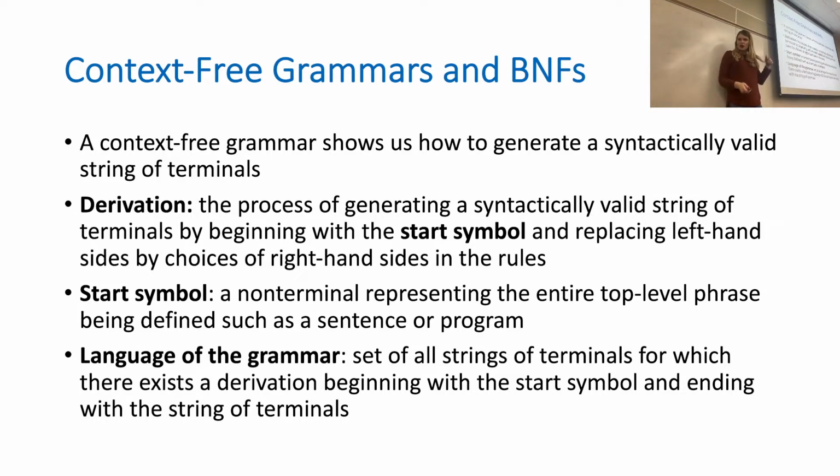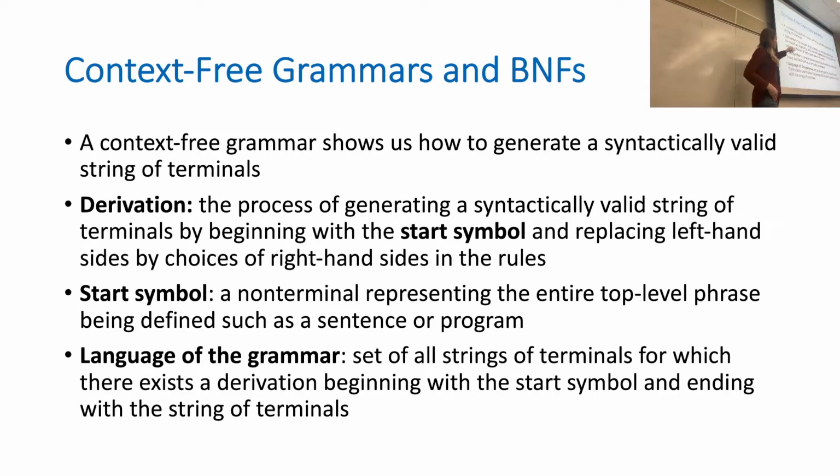So, the last little blob of language that we're going to define before a real example is these guys. A context-free grammar shows us how to generate syntactically or structurally valid strings of terminals. So, a couple of things we can do with these.